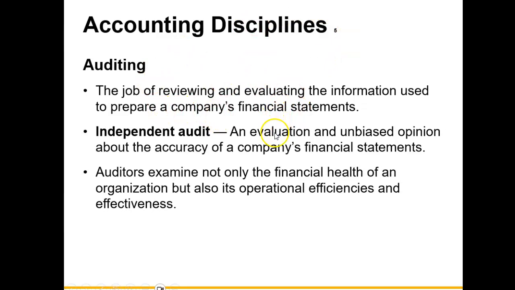It's an evaluation and an unbiased opinion about the accuracy of a company's financial statements. So again, the outside accounting firm should not be biased. Their decision about that firm should be based upon the actual audit work performed in evaluating the information the company provided to support the information shown on their financial statements.